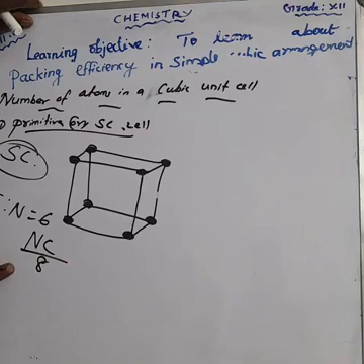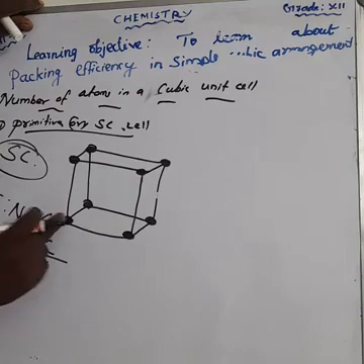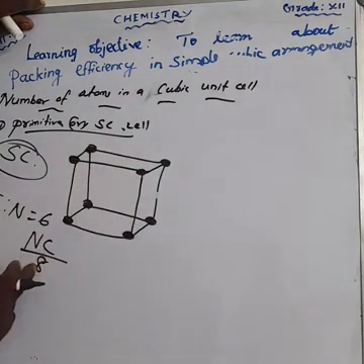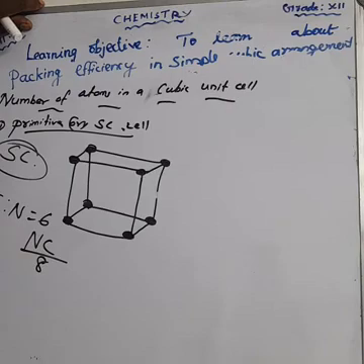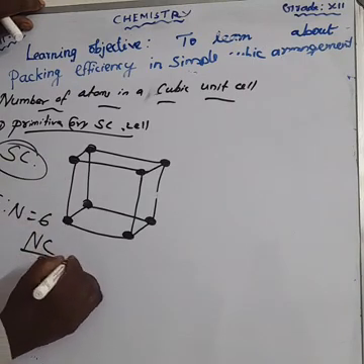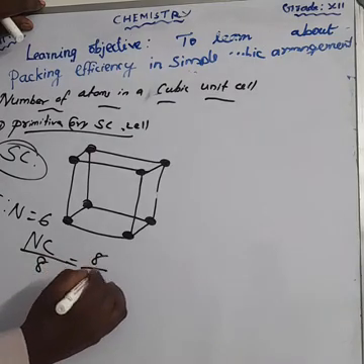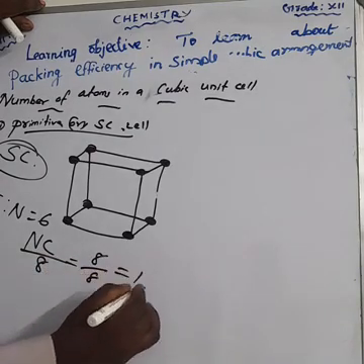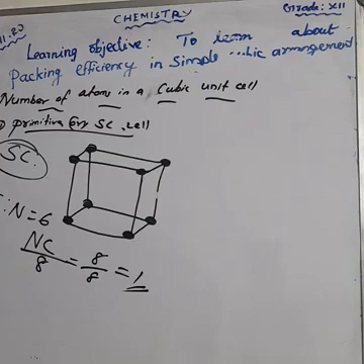NC means number of corners. Here the number of corners is 8, so 8 divided by 8, and the answer is 1. So the number of atoms in the simple cubic unit cell is equal to 1.